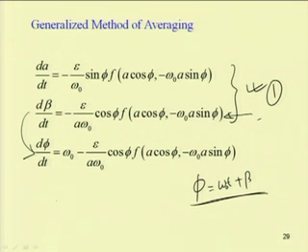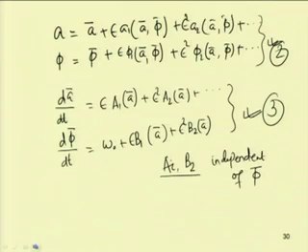Here, instead of integrating these equations to obtain a relation between dA by dt and d phi by dt, another transformation has been carried out. A is written as A bar plus epsilon A 1, which are functions of A bar and phi bar, plus epsilon square A 2, or some higher order terms can be added.